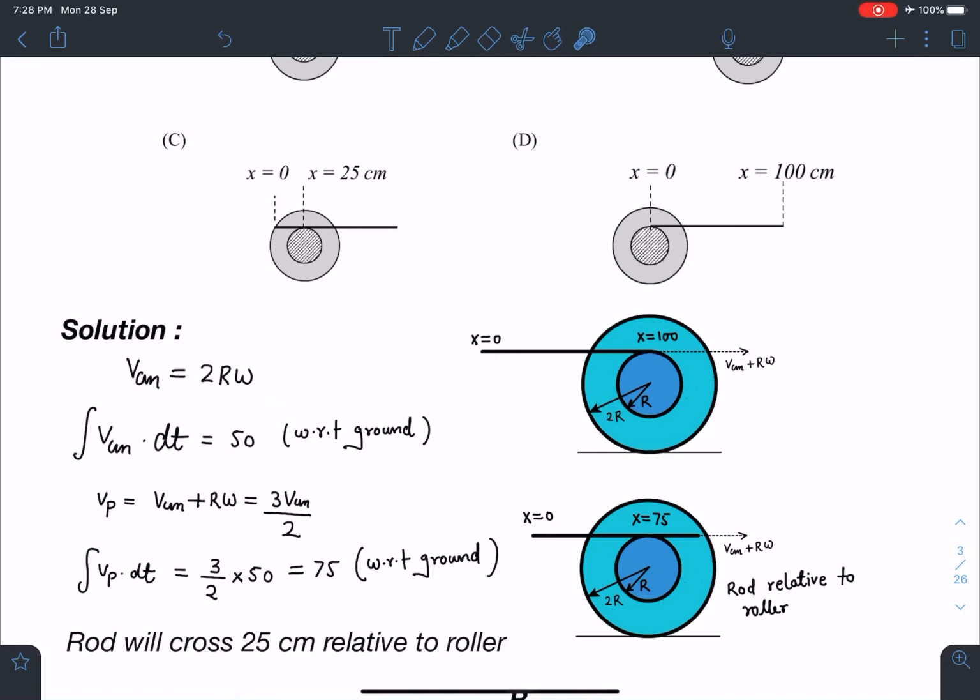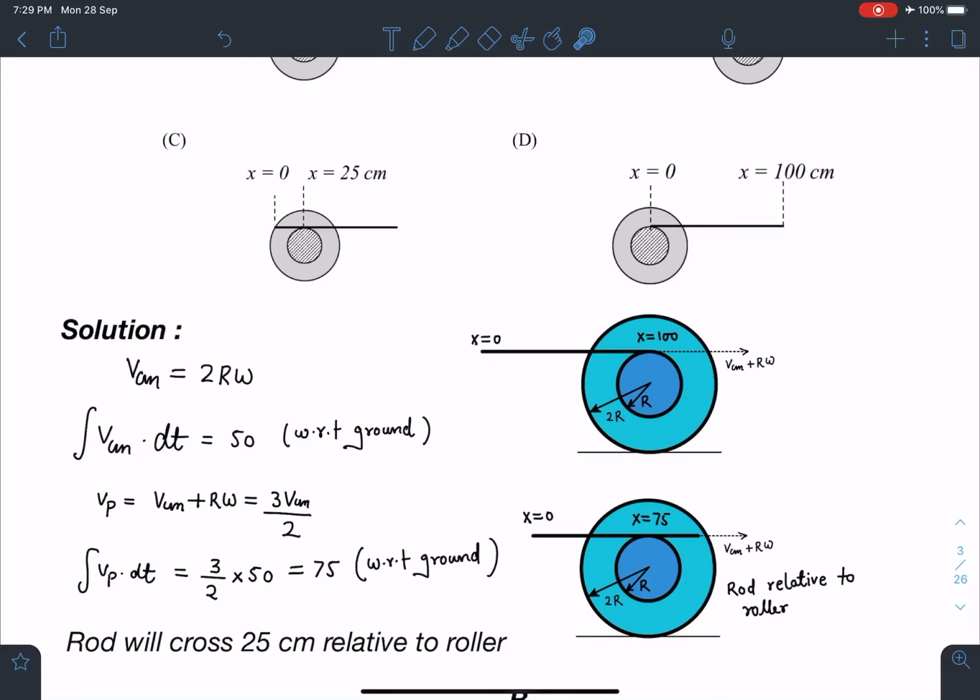Now when we are pushing this scale, there is no slipping at this point, so the scale velocity is VCM plus R omega. The bigger radius I'm taking as 2R, that's why VCM is 2R omega, and here VCM plus R omega is the velocity of the topmost point, and since there is no slipping, this is going to be the speed of the scale also.